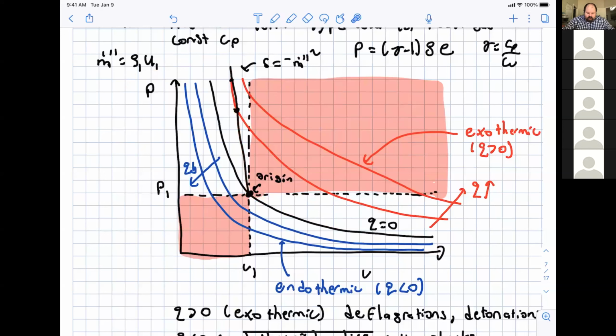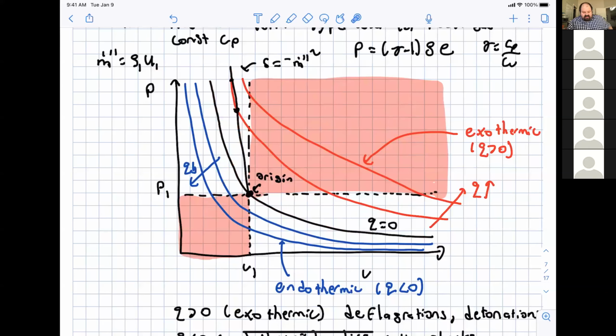Then we worked with the energy equation and added a heating term. What the heating term does is take the traditional inert Hugoniot that you may have used in gas dynamics and shift it up if the chemical reactions are exothermic, and shift it down if they are endothermic.